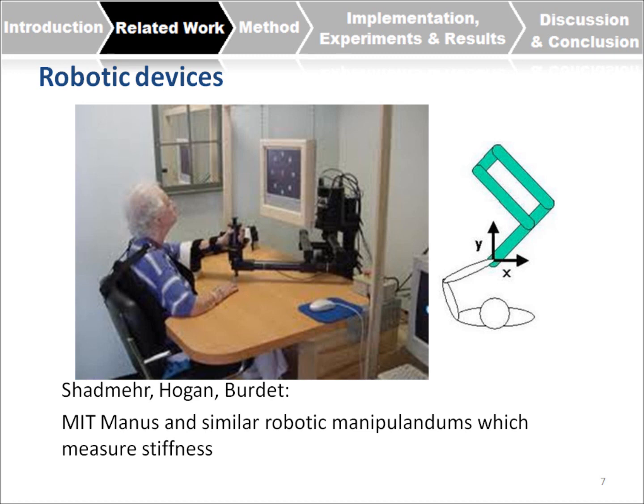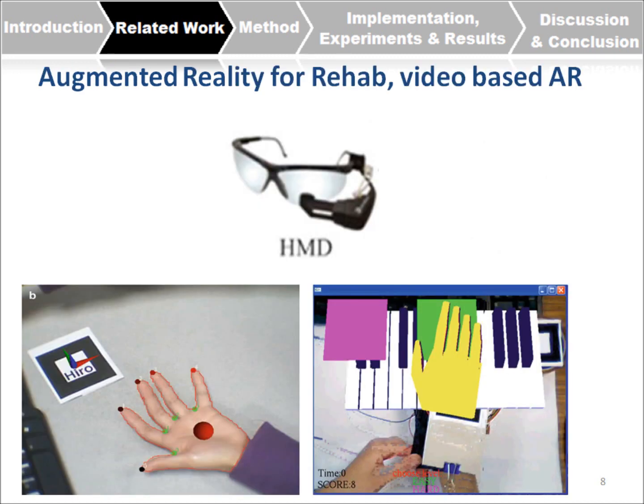In our work, we are combining some rehabilitation concepts with augmented reality. So what augmented reality is, it is actually a technique for human-computer interaction where visual information is augmented into reality.